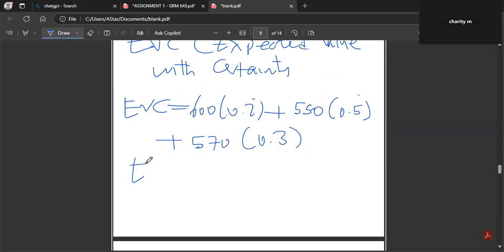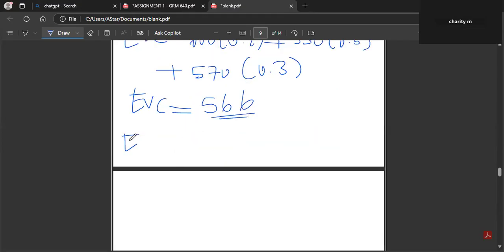So expected value with certainty will be 600 by 0.2 plus 550 by 0.5 plus 570 by 0.3. So it's 566, right?